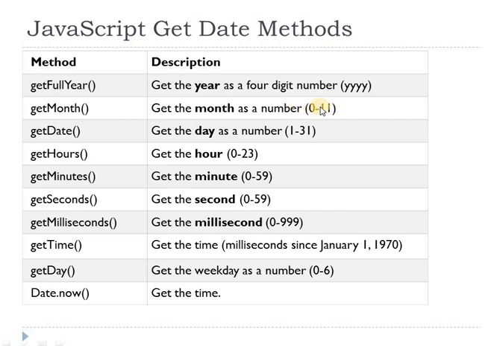For the getDate method, there is a number between 1 and 31. getHours, getMinutes, like that.